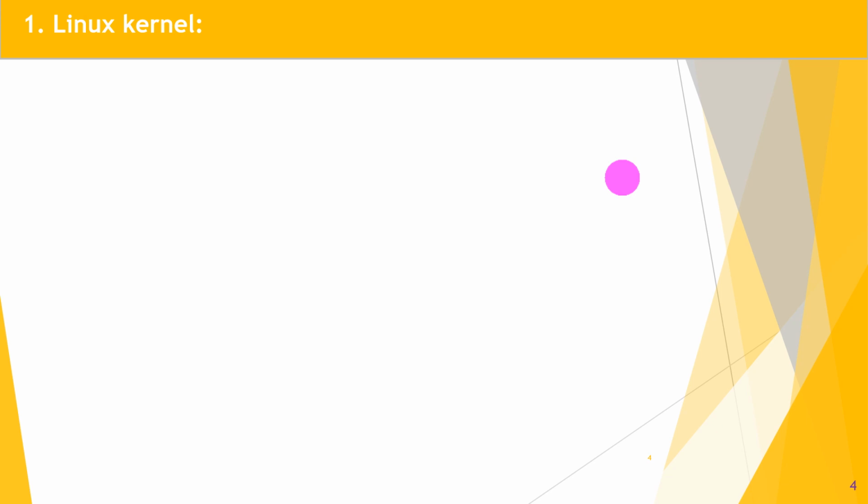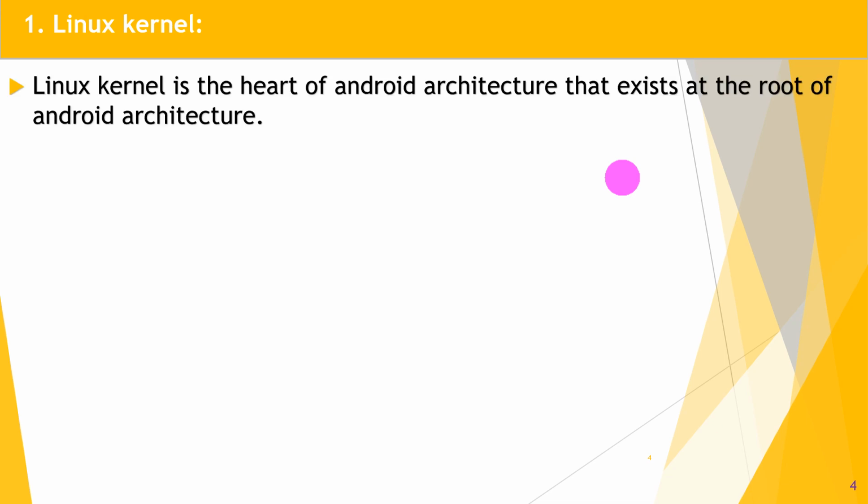Let's move to the first part in detail. So what is the first part? At the bottom there is the Linux kernel. The Linux kernel is the heart of the Android architecture that exists at the root of the Android architecture.